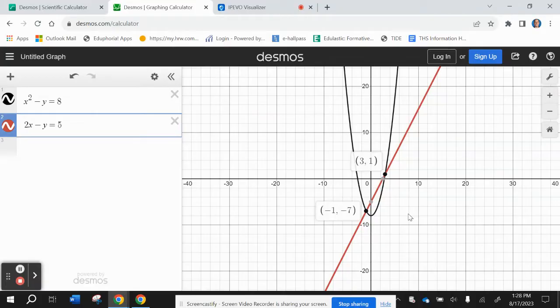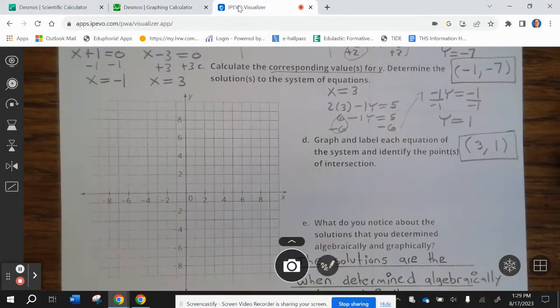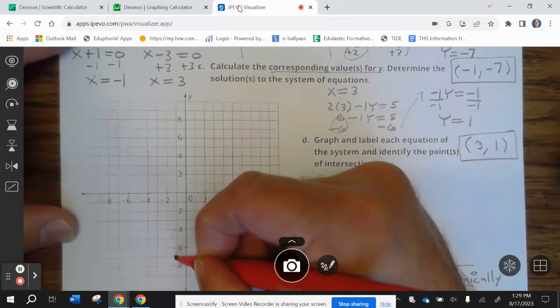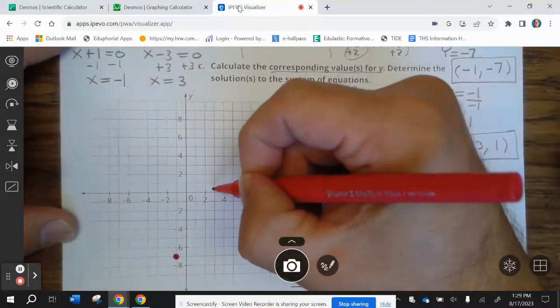All right. So now let's go ahead and graph this line first. Those points are really good, so we can graph negative 1, negative 7, and 3, 1.